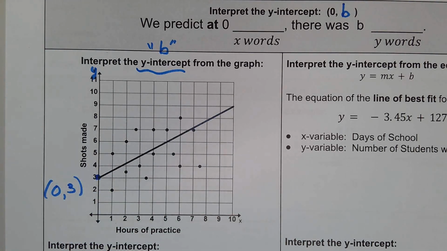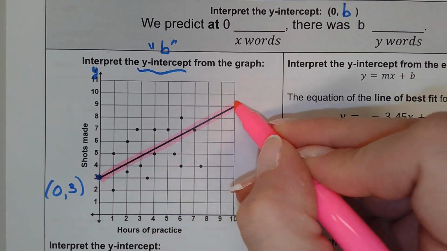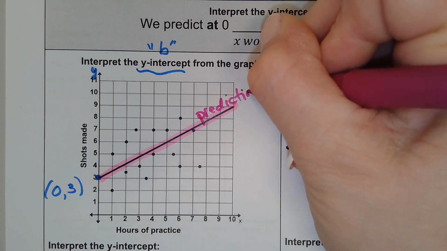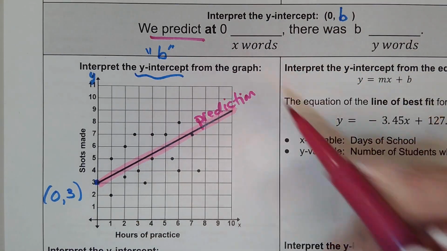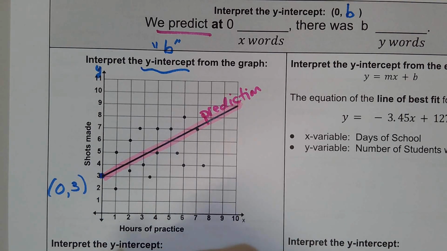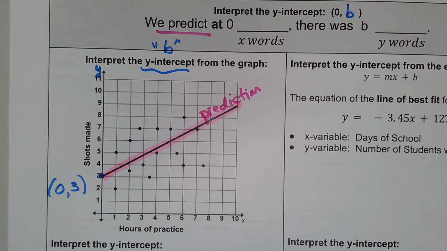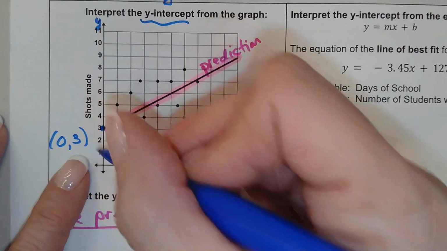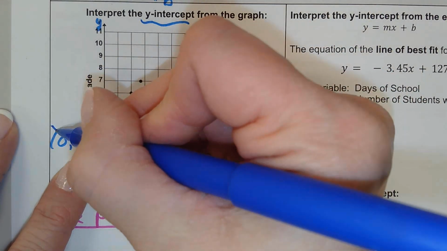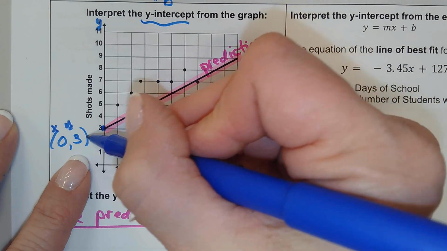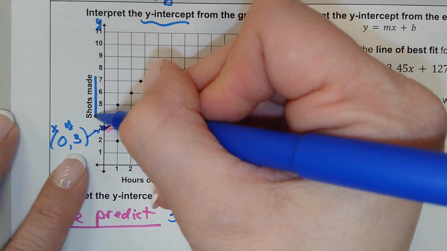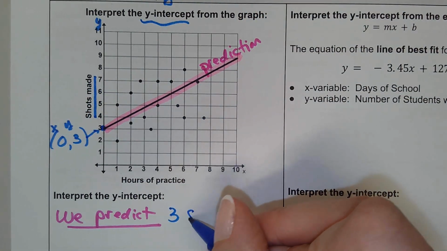And once again, since this is the line of prediction, I have to start my sentence with the words, we predict. And I'm going to say what we predict right here. We predict 3. This is the x, this is the y. I predict 3. 3 what? We have to say these y words: shots made.